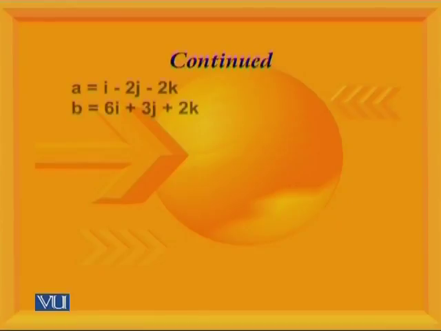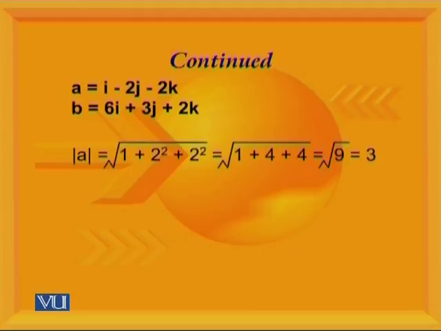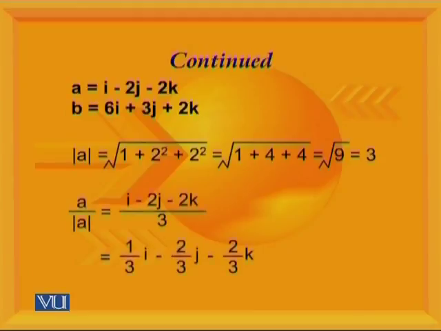The scalar component of the vector B in the direction of A, if we have B is equal to 6i plus 3j plus 2k, and A is equal to i minus 2j minus 2k.